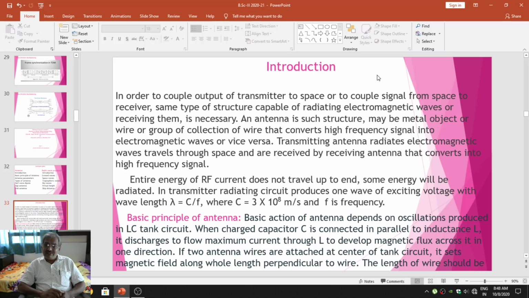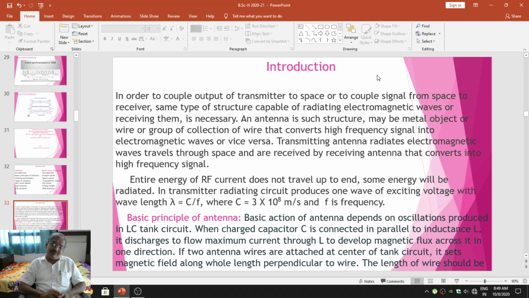To travel through space, it should be converted from a radio frequency signal into electromagnetic radiation. This function is also done by the transmitting antenna, the antenna which is connected to the transmitter.